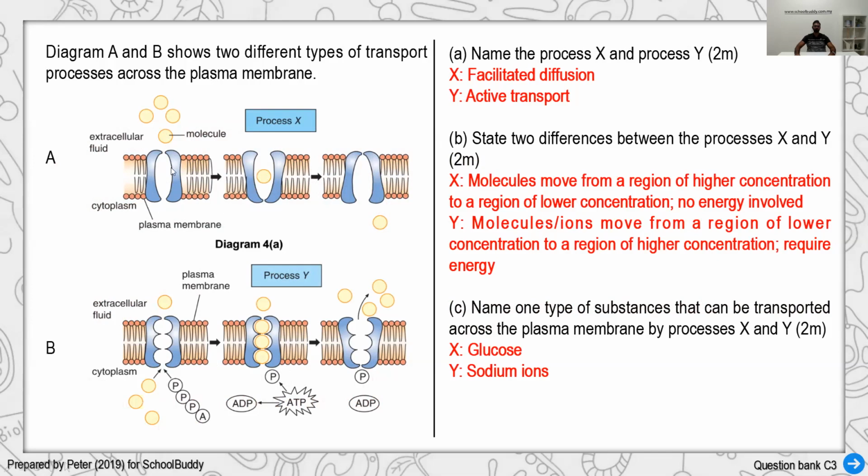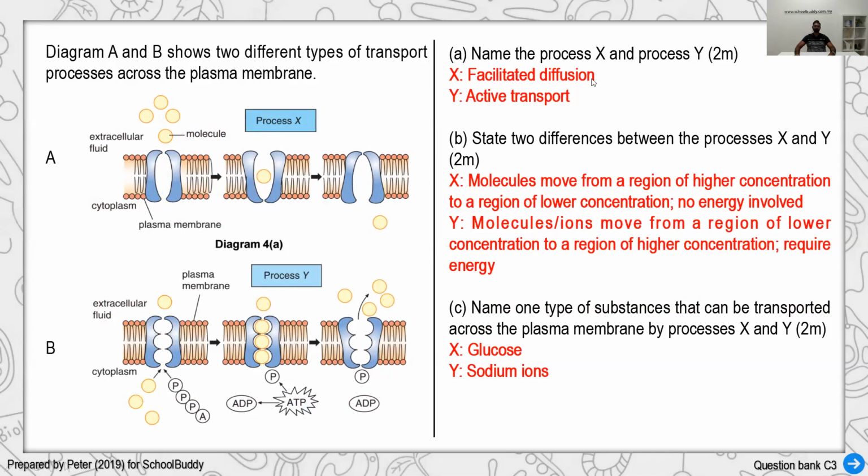You can see it's closed here and opening here, and the substance is actually pumped into the cell. In the other case, there are also carrier proteins, and all the materials are coming in, and we see a lot of P's, and the clue is the ATP, the energy, present here. So we already know this process quite early. Let's answer the question. What is X? X involves this carrier protein, so it's actually facilitated.